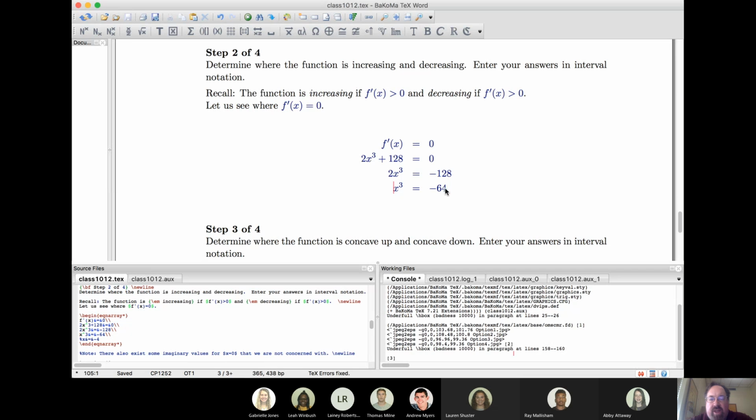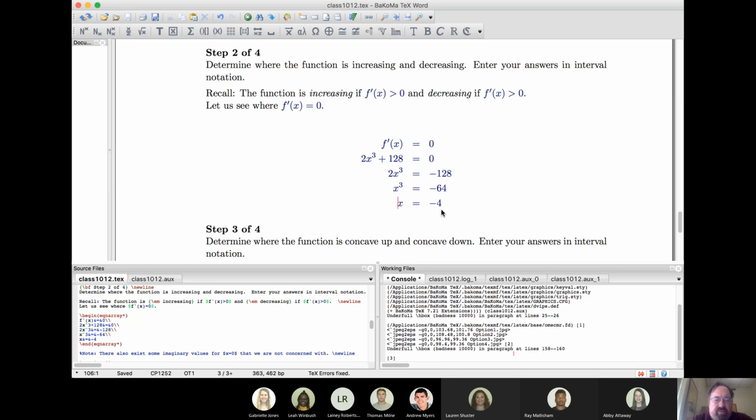So 64 happens to be a perfect cube because 4 cubed is equal to 64. But because it's minus 64, our cube root is going to be minus 4. So that would be the only solution. That's the only point at which f prime is equal to 0.